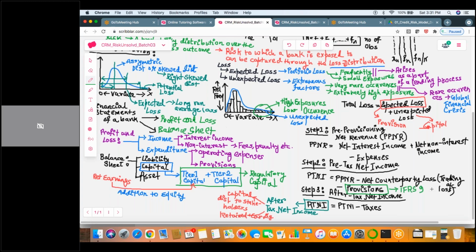Fine. So now I have this income and that is getting added to the regular capital, right? So now let me try to bring this to step 4.